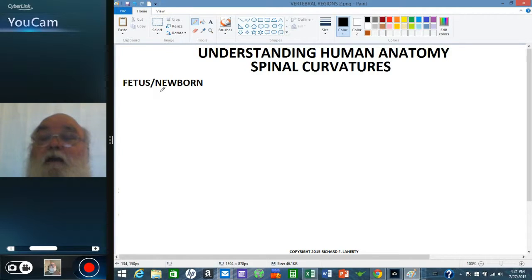So if we were looking at it, it would be curved like this, and it's curved so that the concave portion is facing anteriorly.